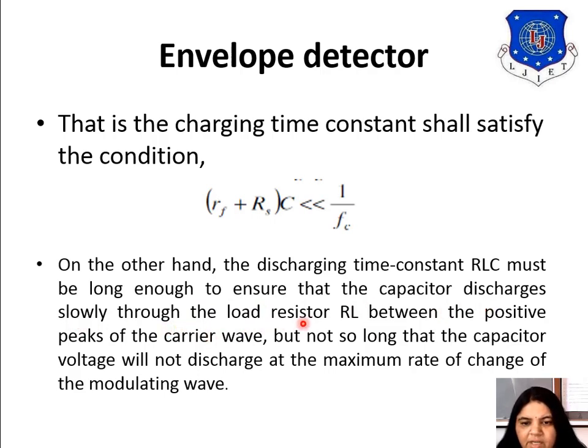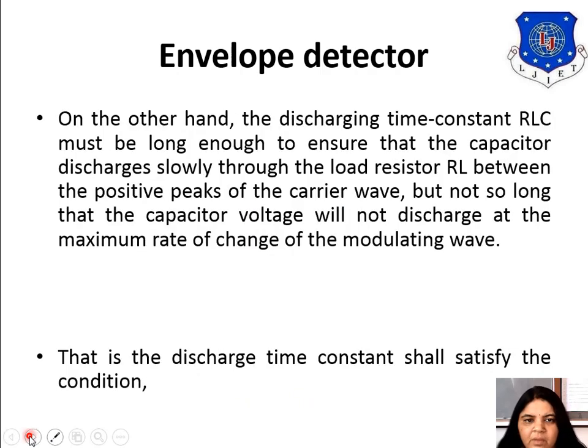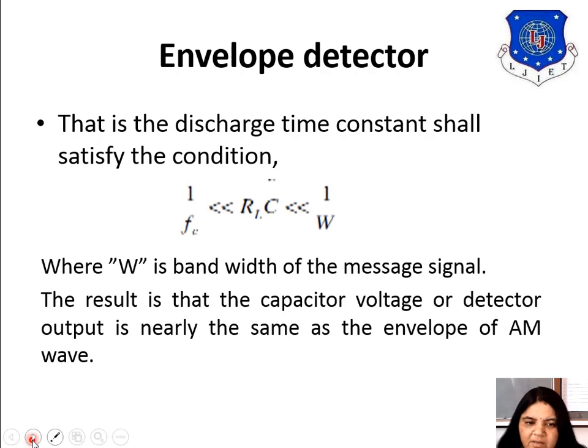through the load resistor RL between the positive peaks of the carrier wave, but not so long that the capacitor voltage will not discharge at the maximum rate of change of the modulating wave. So the discharging time constant shall satisfy this condition: 1 by Fc much less than RLC less than or equal to 1 by W, where W is the bandwidth of the message signal.